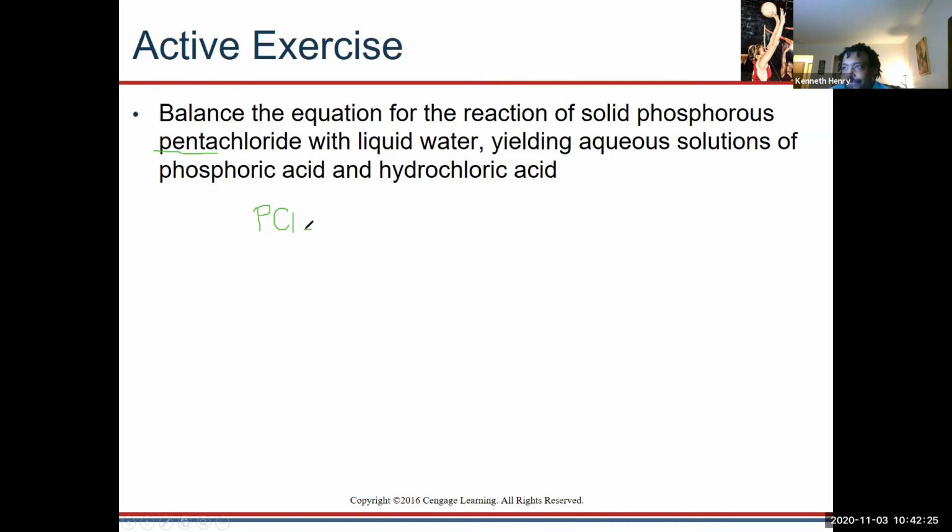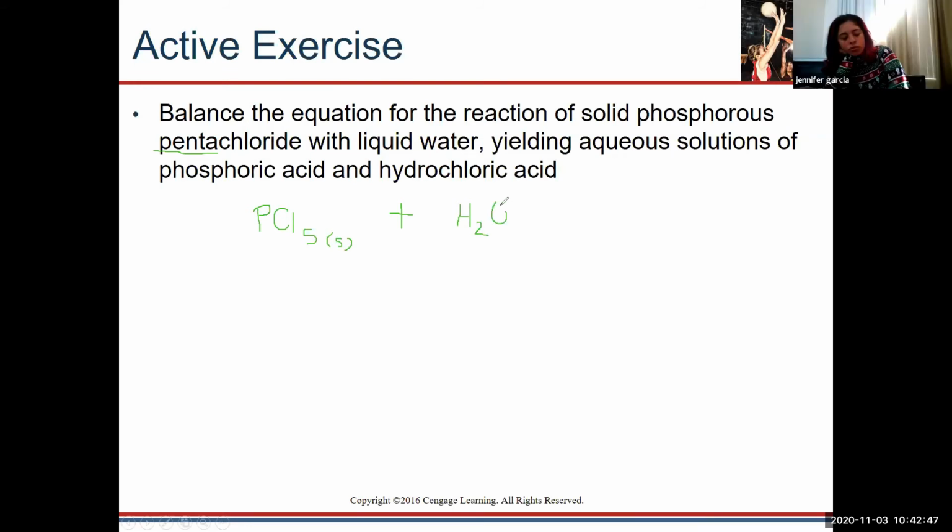PCl5, sorry. Okay, is it a solid, liquid, or gas? Solid. And water? Chemical formula for water? H2O. Solid, liquid, or gas? Liquid.